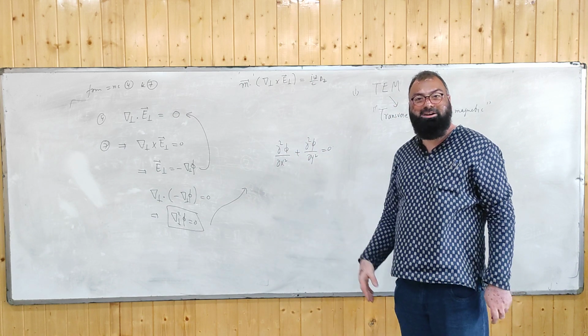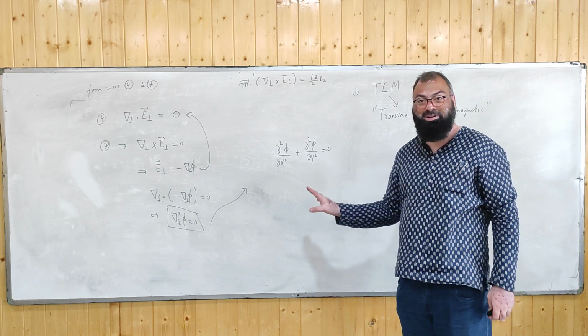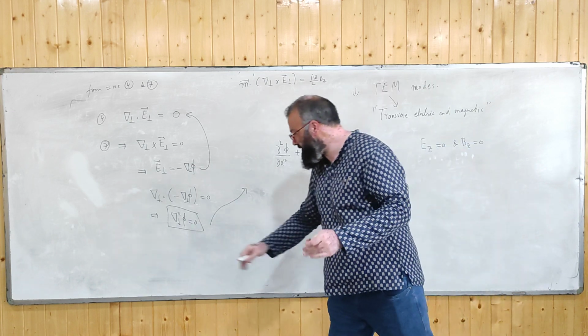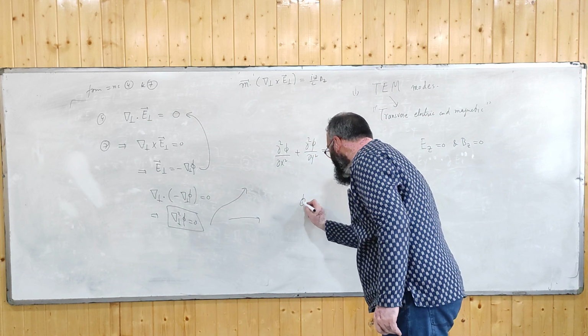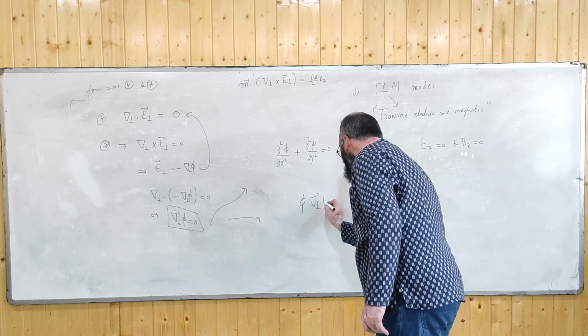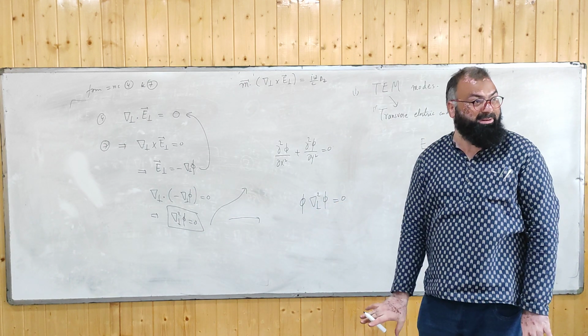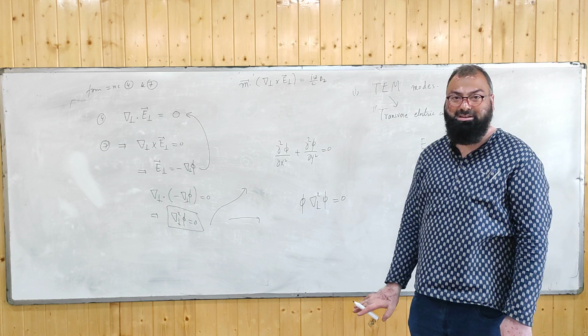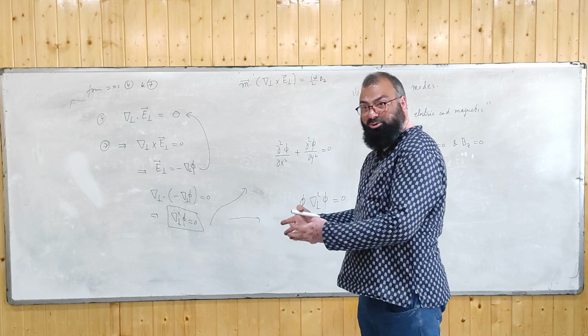What is on the surface of the conductor? The potential has to be constant, is it? So now let's take this equation. Can I write it like this, nabla phi squared phi is equal to 0? Can I write it? First tell me, everybody.